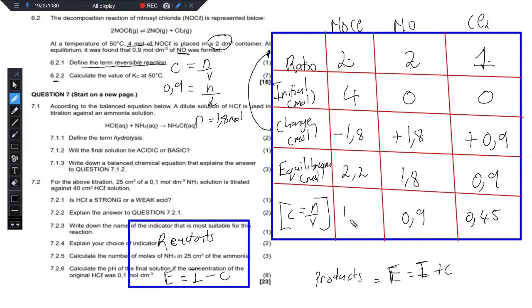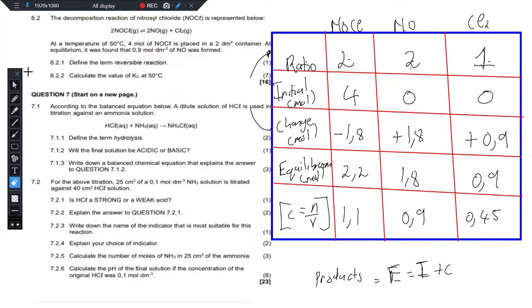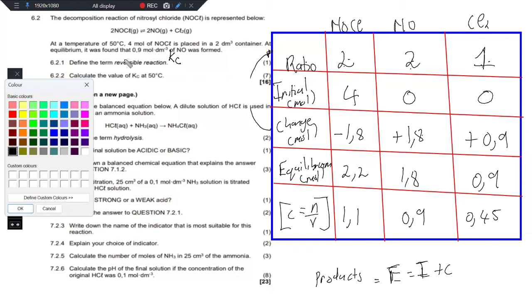Then that should give us 1.1 mole per dm cube. At this point, now we can calculate our Kc. So let's calculate our Kc. Okay.